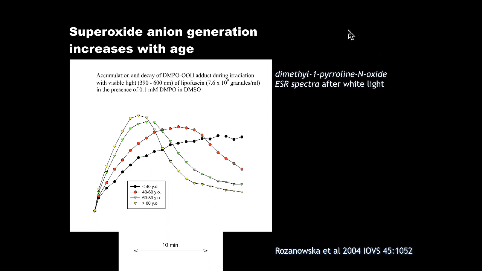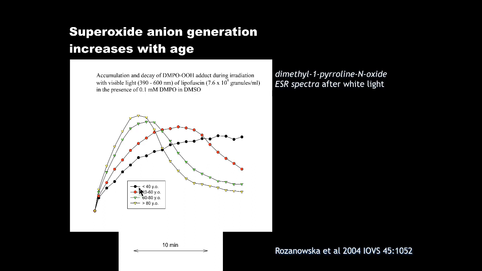This image shows the result of an experiment in which it was investigated whether lipofuscin granules from eye donors can generate radicals. Lipofuscin granules were isolated from donors of different age.